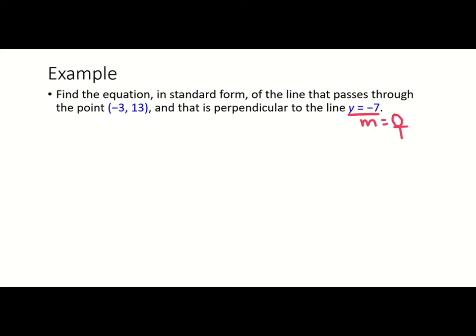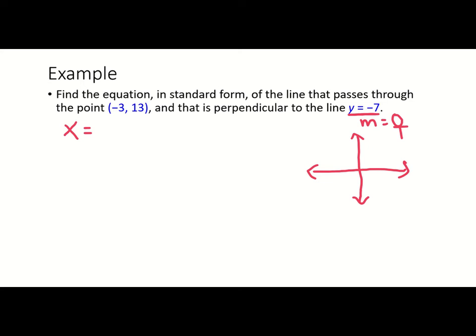So remember, if you have a horizontal line, here's our horizontal line, the perpendicular would be a vertical line. And for a vertical line, what's the equation of any vertical line? It's always going to be x equals, and the slope is always undefined. So here's my question.